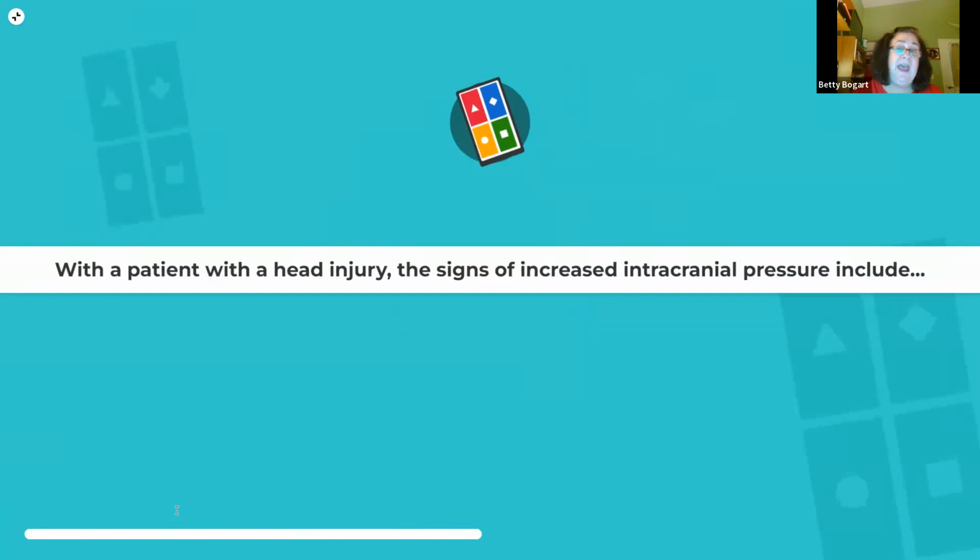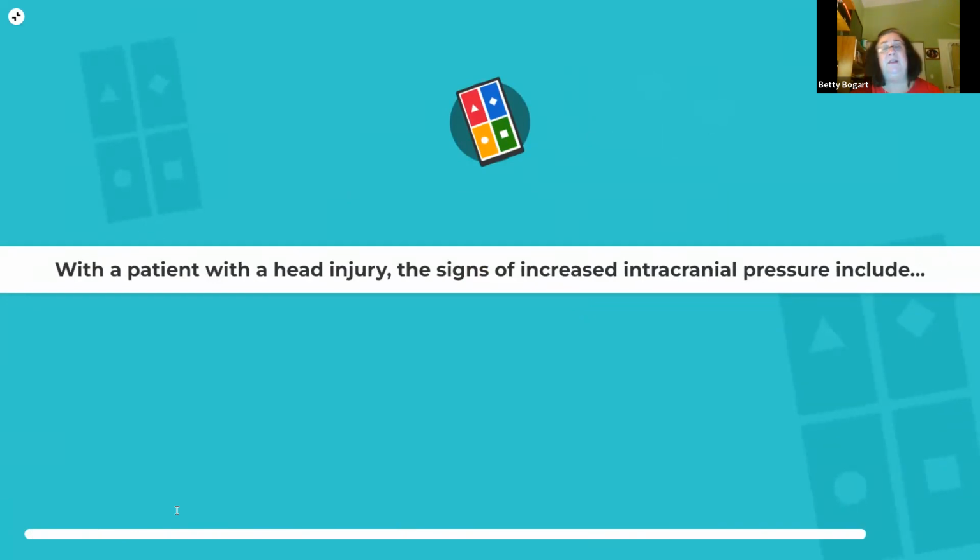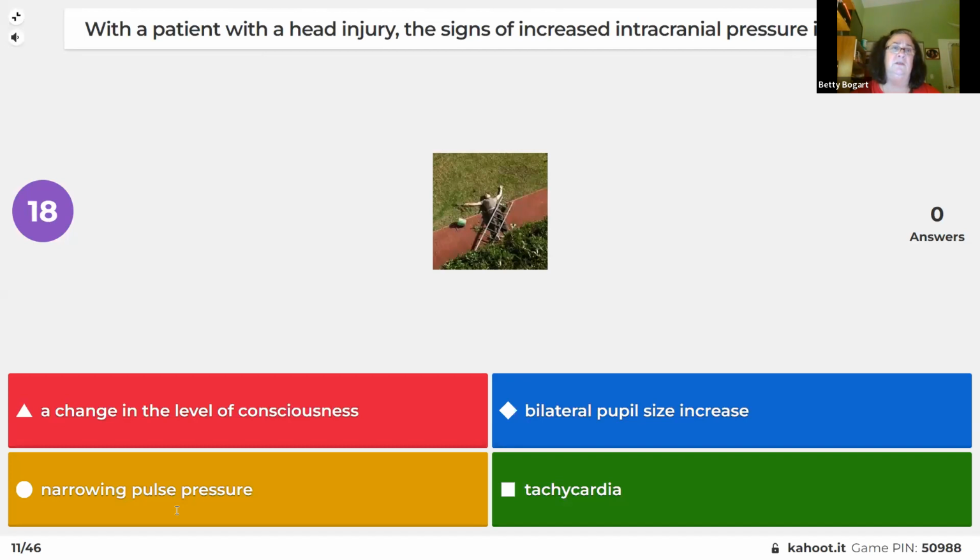With a patient with a head injury, the signs of increased intracranial pressure include, do you have a child who fell and they look fine? You're checking neuro signs, their grips, etc. They look all right. Then what happens? Because that's going to show you the increased pressure.